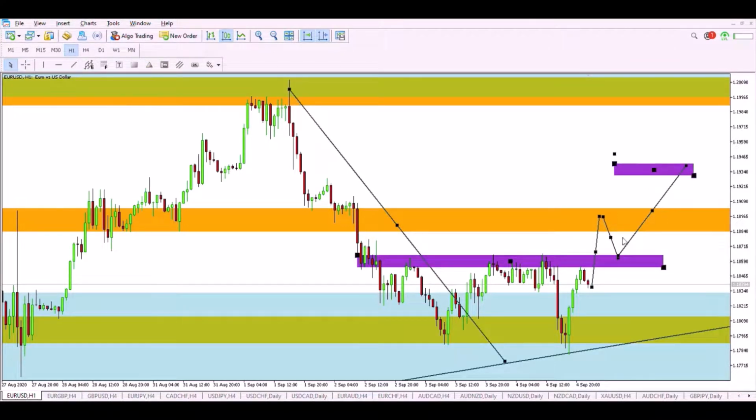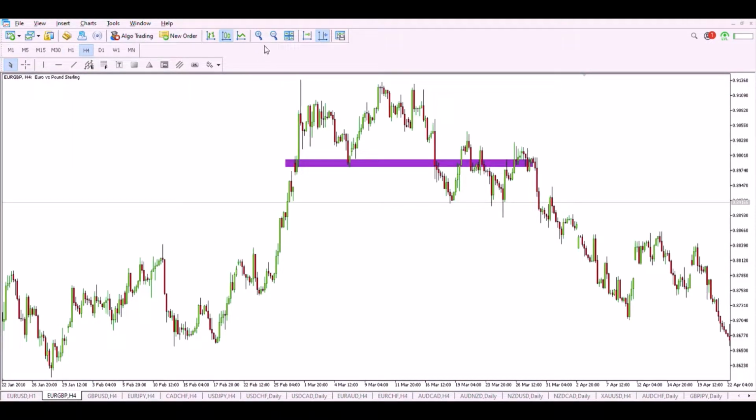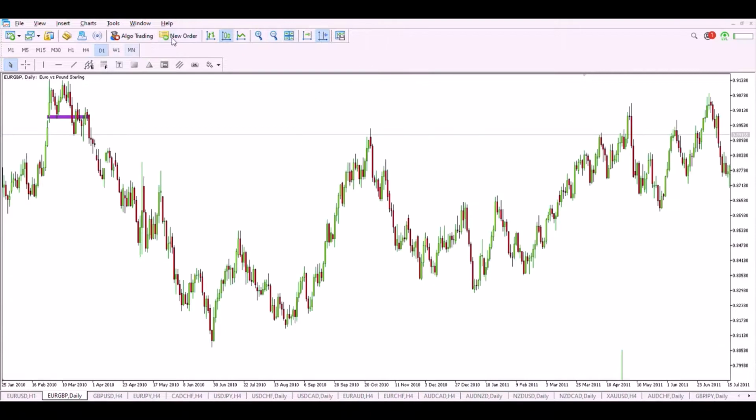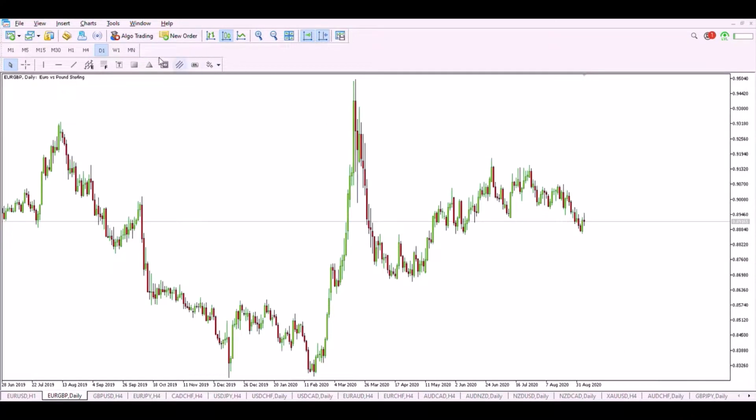But because we are breaking this important resistance zone, the price can even go further to the next resistance zone. And this is something which I will once again repeat in the weekly analysis, which I will upload very soon, so stay tuned.